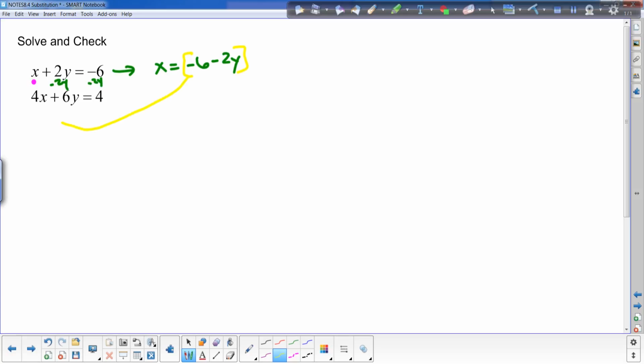And I see an x right there. So I've got 4 times x. X is negative 6 minus 2y. And then I have to finish my equation. Plus 6y equals 4. We like to distribute.